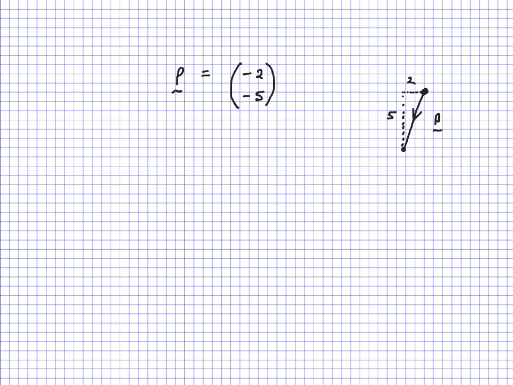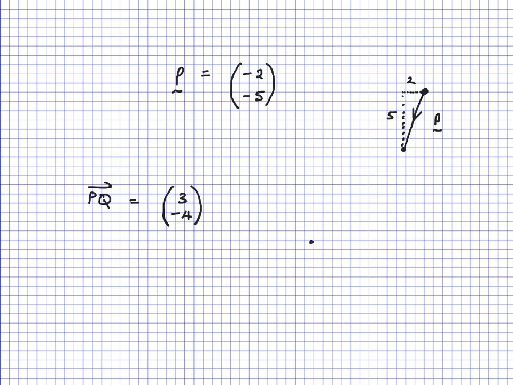Now, what if we start off with some information. So there's PQ, and it has components 3, -4. So we want to draw that vector. We can start any point on the page, give yourself plenty of space.